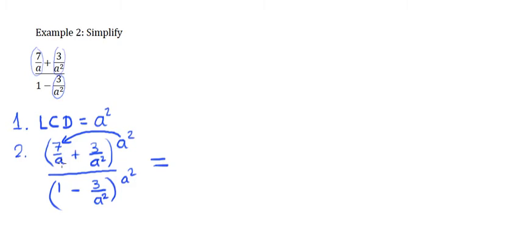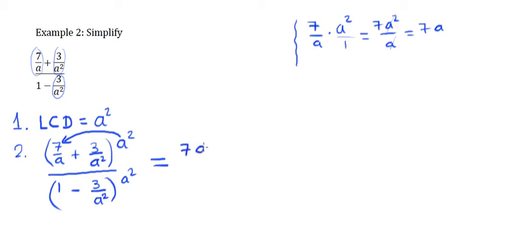So what is 7 over a times a squared? In case you cannot do these computations in your head, let me write them here. 7 over a times a squared. What is this? Well, once we place one below here, this becomes 7a squared over a, which at the same time becomes just 7a squared divided by a, right? So the multiplication of a squared times 7 over a is equal to 7a. Good.